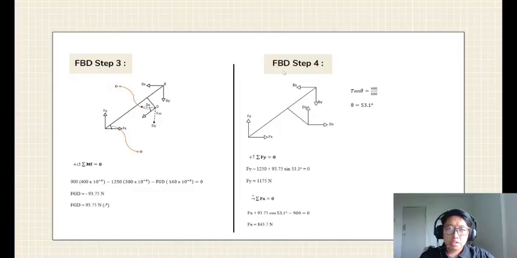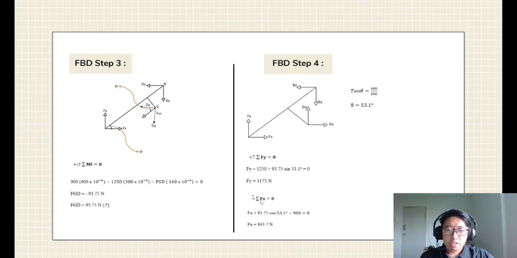For the last step, which is step 4, to find theta, tan theta equals 400 divided by 300, and you get theta equals 53.1 degrees. After that, you use the sum of Fy equals 0, assuming the direction upwards is positive. Fy minus 1,250, which is from By, plus 93.75 from FGD, sine 53.1 degrees equals 0, and you get Fy equals 1,175 Newtons.